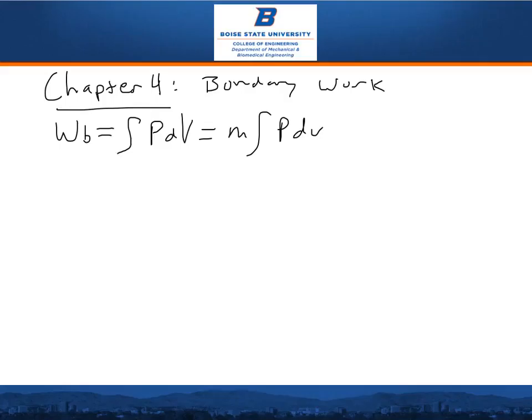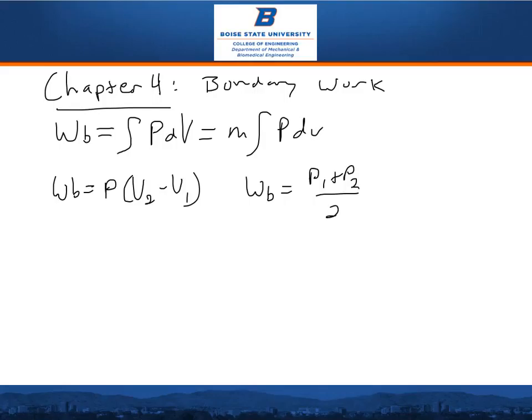We know that WB, if it's constant pressure, is equal to P times (V2 minus V1). Simple there. If it's a linear increase in pressure, WB is equal to (P1 plus P2) all over 2, so you take the average of them, more or less, times (V2 minus V1).